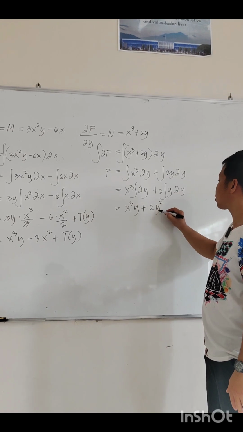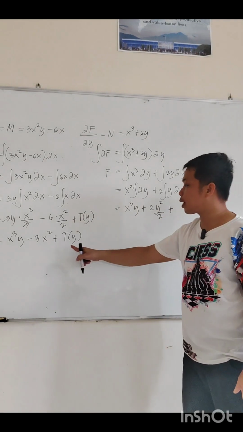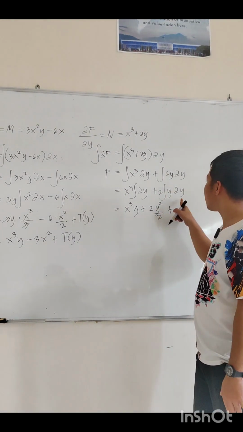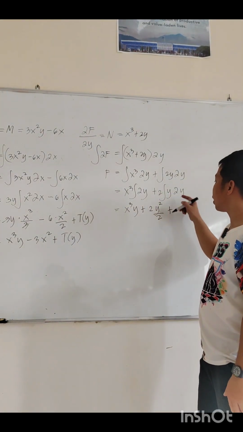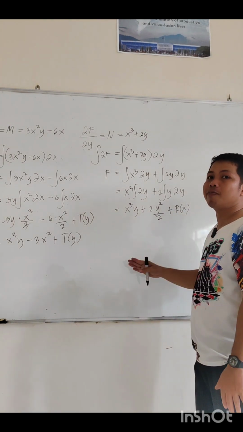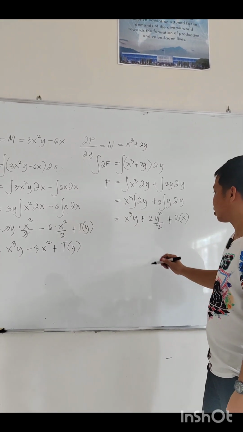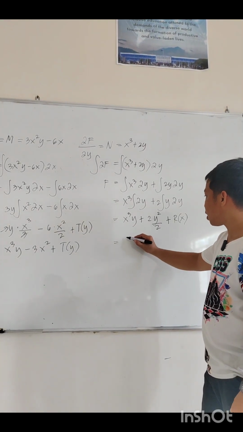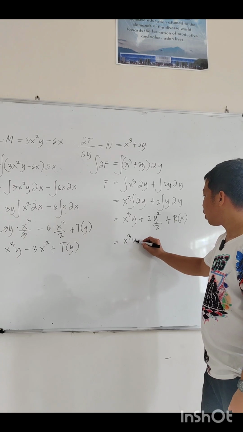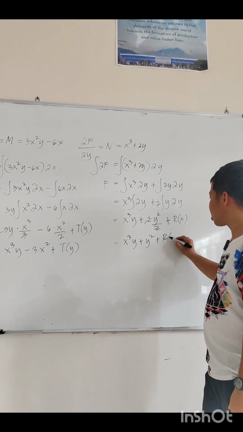Integral of y is y squared over 2. Plus, anong i-add natin? Dito nag-add tayo ng function of x, since we are integrating with respect to y. Kasi ang derivative ng x dito ay 0 kasi treated as constant. So, simplifying this, we have x cubed y plus y squared plus r of x.